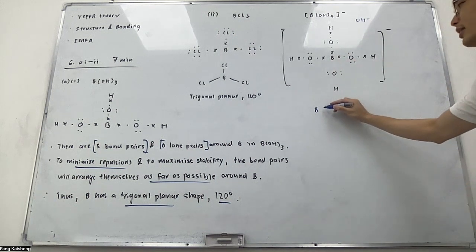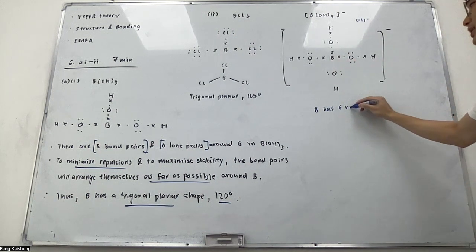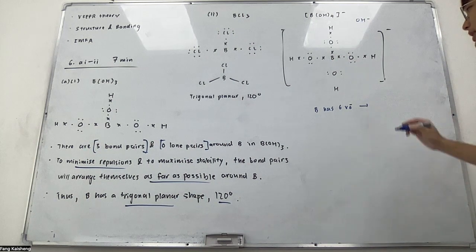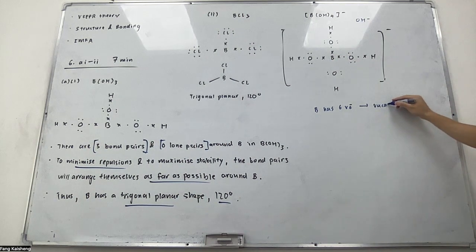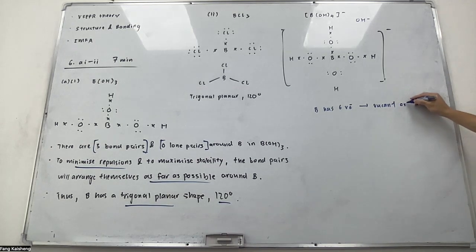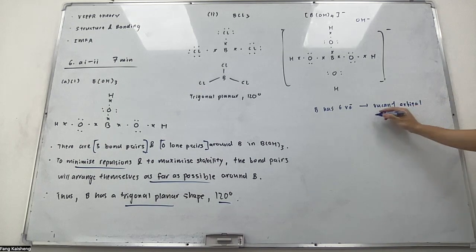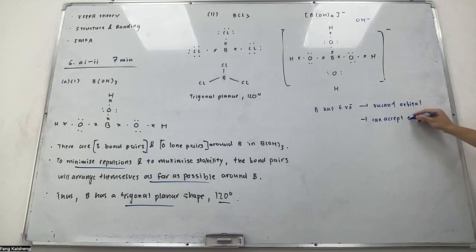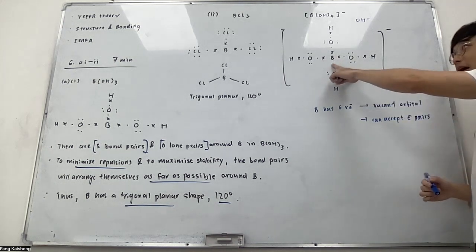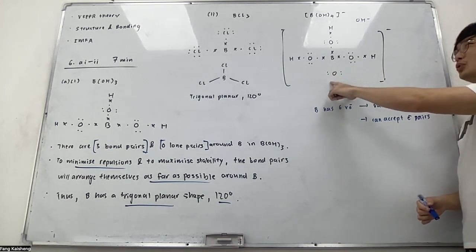Boron has 6 valence electrons after bonding, meaning it has a vacant orbital. Great. So it can accept electron pairs from other species. That's why the dative bond should be to boron, not to hydrogen.